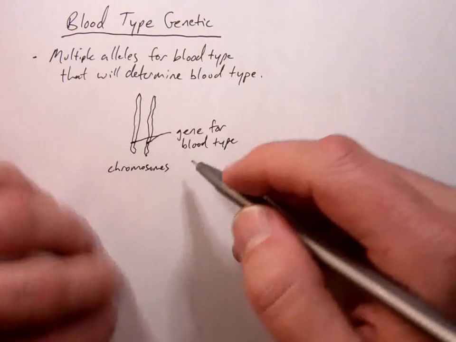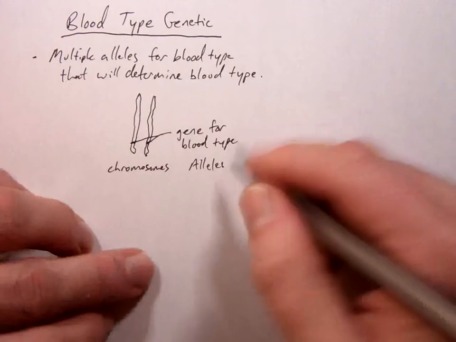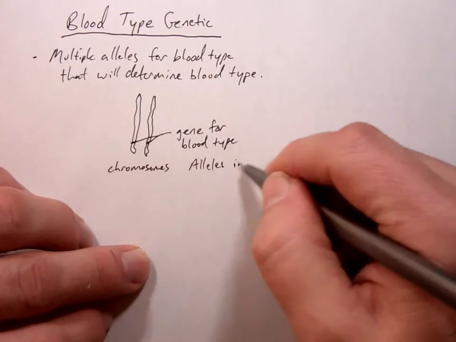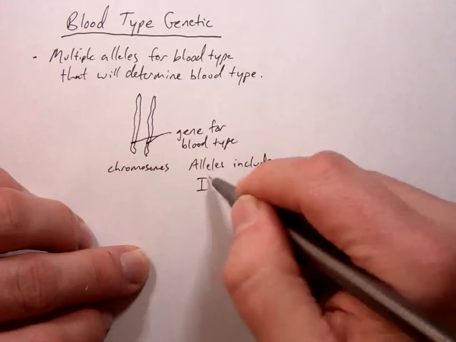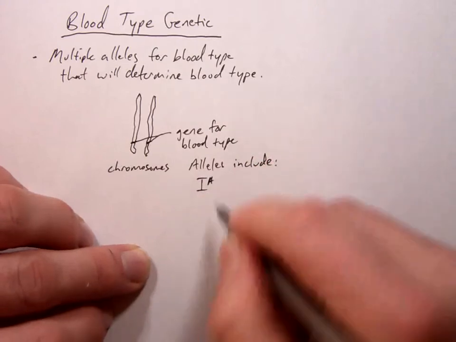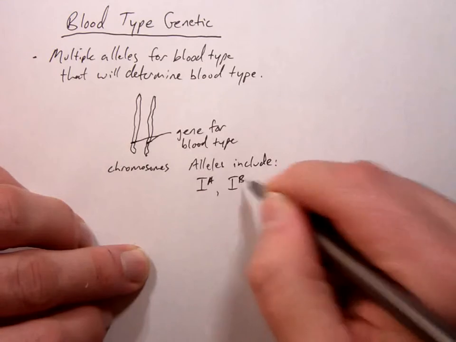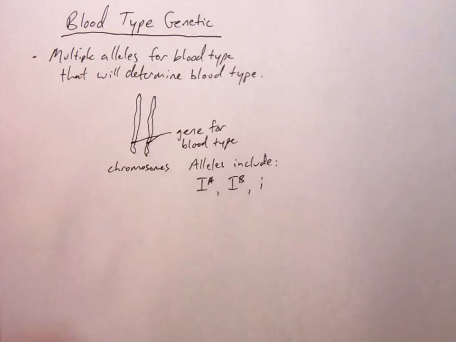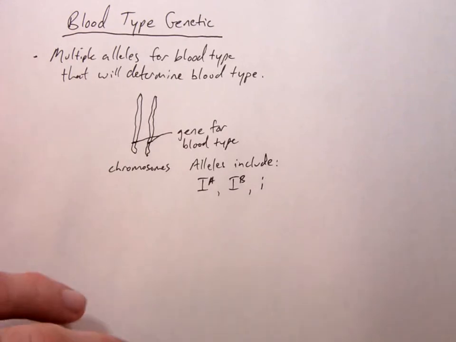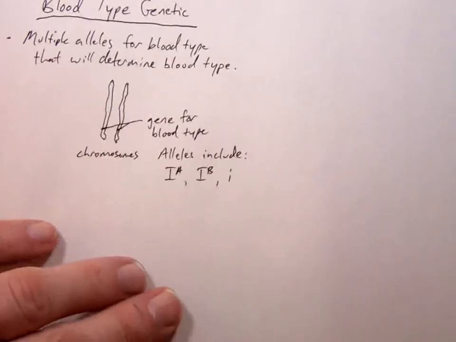The alleles, or variations of those genes, include big I^A, which is dominant for A, big I^B, which is dominant for B, and little i, which is type O. Okay, so let's look at some genotypes and phenotypes.